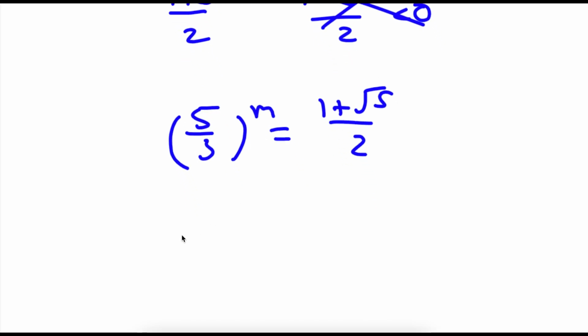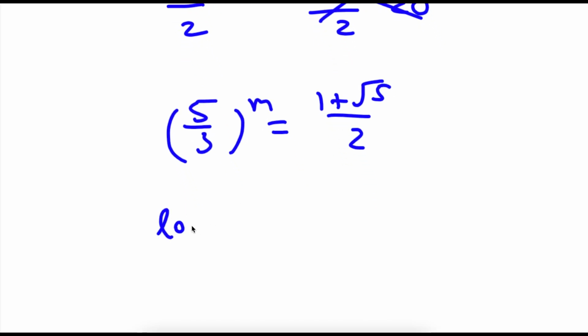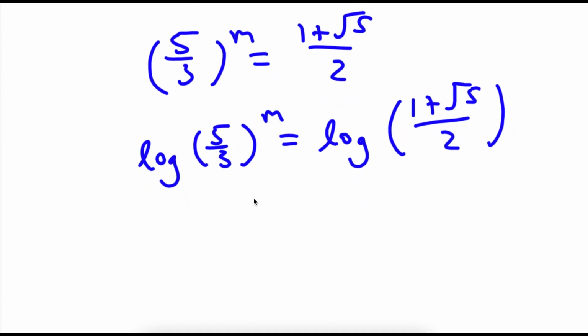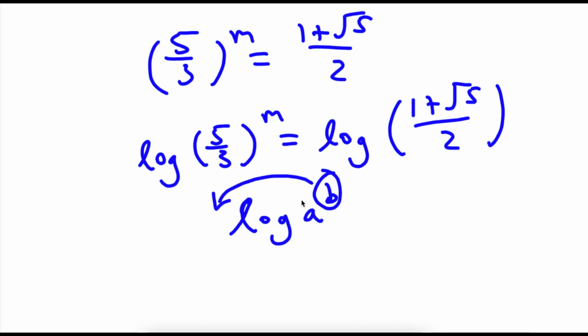So now to solve this, I'm going to take the log on both sides. So now I have log of 5 over 3 to the power of m is equal to log of 1 plus the square root of 5 over 2. Now, an important property of logarithms is that if I have something in the form log of a to the power of b, I can actually move this exponent b to the front.